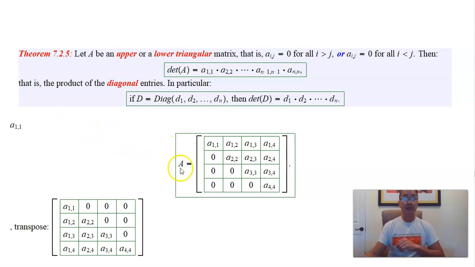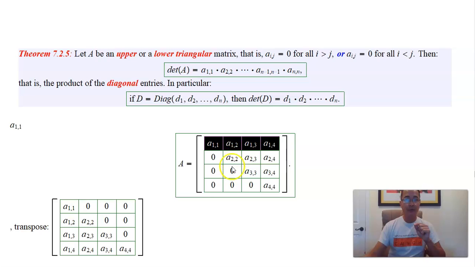As soon as you pick one of these zeros, it's dead. Okay, so I have picked A11. I can no longer pick anybody from row 1 when I look at column 2, 3, and 4. Okay, I have burned row 1 by picking A11.